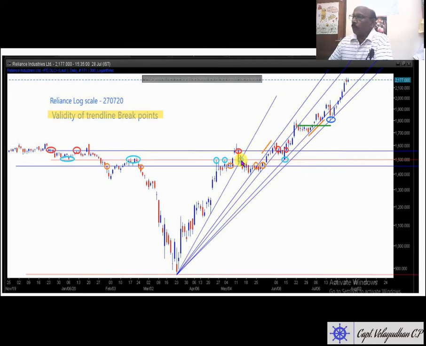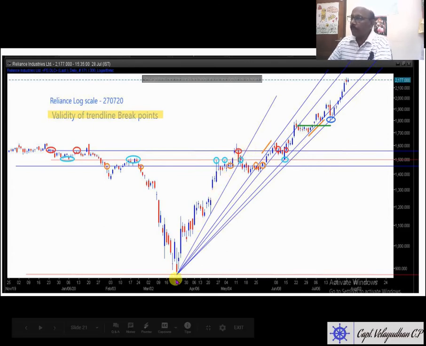So up to here you can say 1, 2, 3, up to 32 days. Almost 30 days was a strong uptrend. And this angle, if you see, this angle is strong. And the greater the angle, the stronger the stock, the stronger the move.